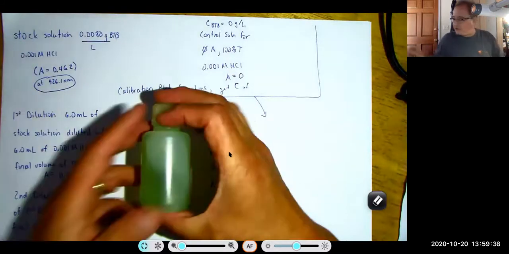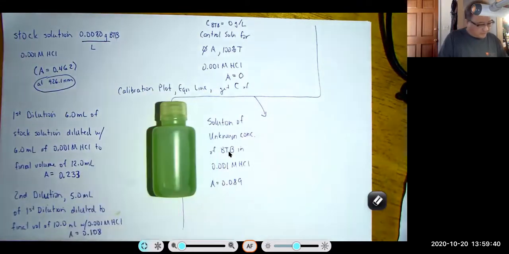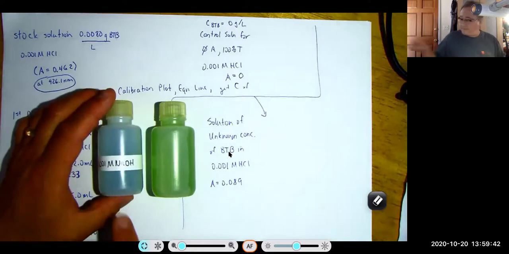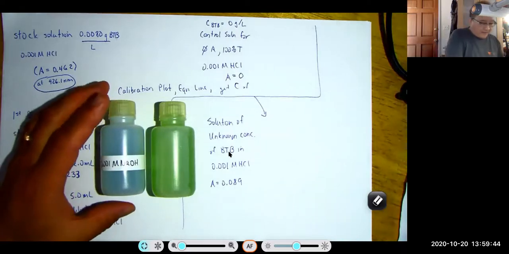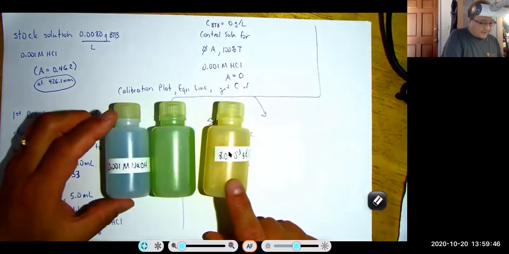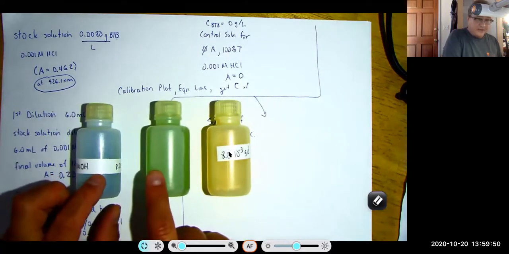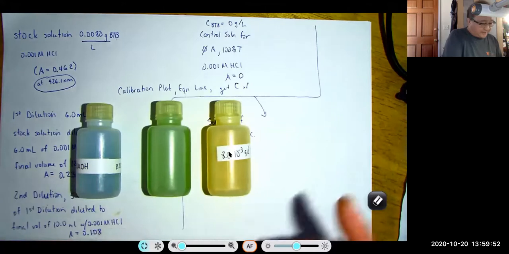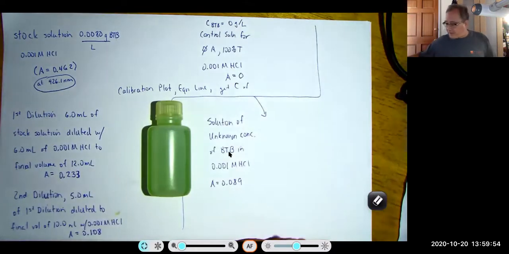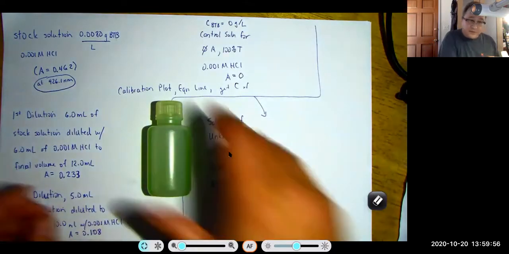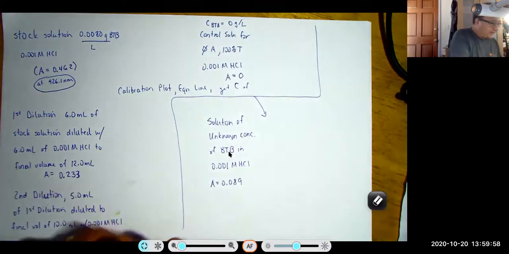So let me show you the blue solution. So here's the blue solution. Here's the yellow solution. And this is also a bromothymol blue solution. And it looks to be green. So what we're going to do with this is we're actually going to get the spectrum of this green solution and see what's up.